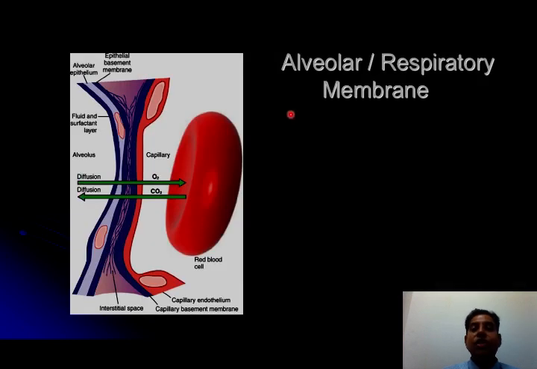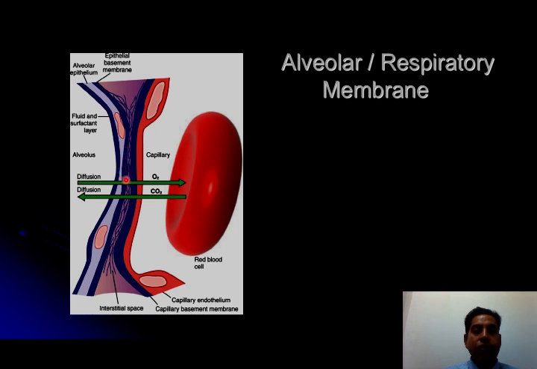Now, all this exchange occurs across a very specialized membrane, which is called the alveolar or the respiratory membrane. So let us look at the pathway of this. When you look at the pathway of diffusion of gases, air which comes into the alveolus has to first pass through the alveolar epithelium, then it enters into the interstitial space.